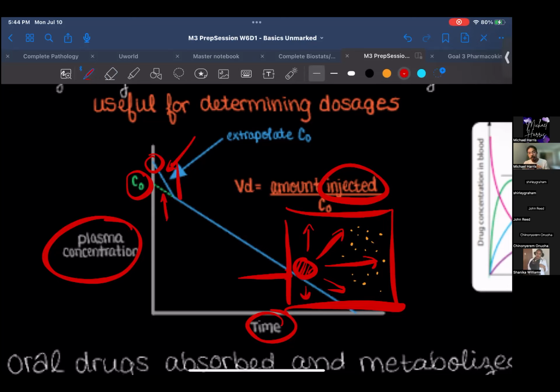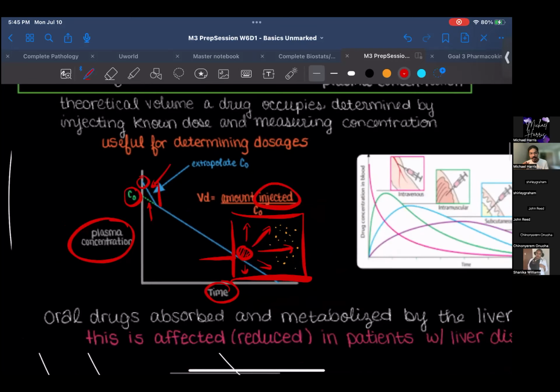And you only have to worry about this with injected drugs because you have that very quick amount of drug being dispersed into the body, versus something like an oral drug that's not quick like that. Okay? Does that make sense? Okay, good.